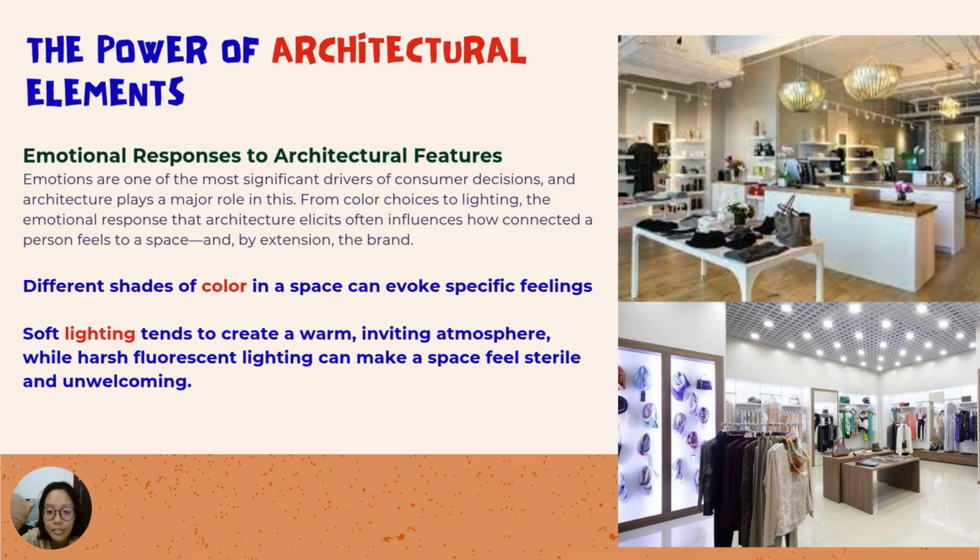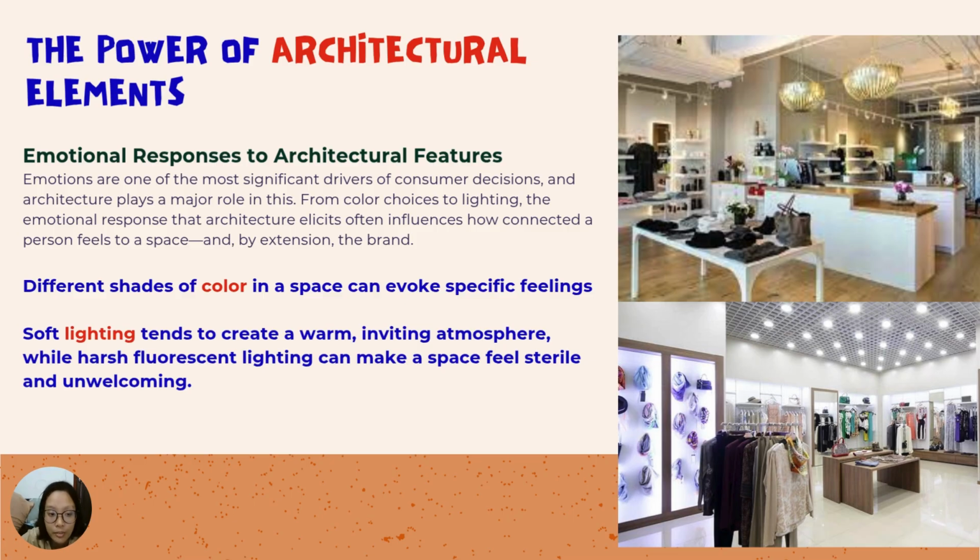In the case of luxury brands, white and black are often used to evoke elegance and sophistication. High-end stores like Gucci, Chanel, and YSL often use neutral tones or pure white in their architectural design to promote a sense of exclusivity. And the right lighting can completely transform the mood of a space. Soft lighting tends to create a warm, inviting atmosphere, while harsh fluorescent lighting can make a space feel sterile and unwelcoming.